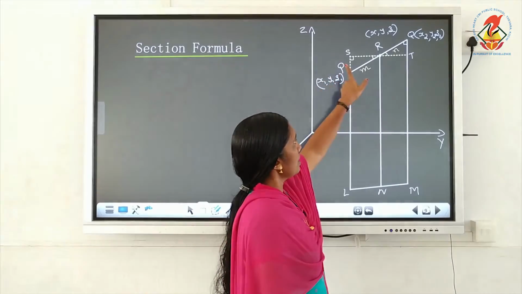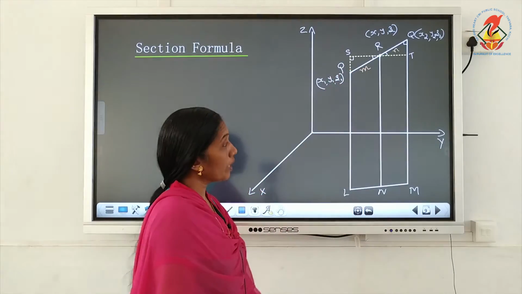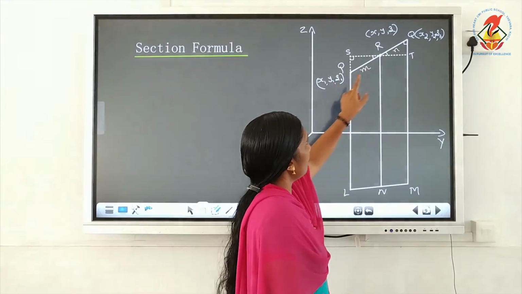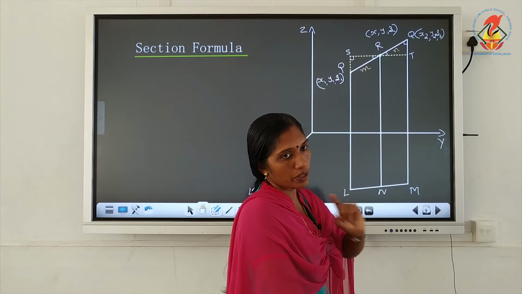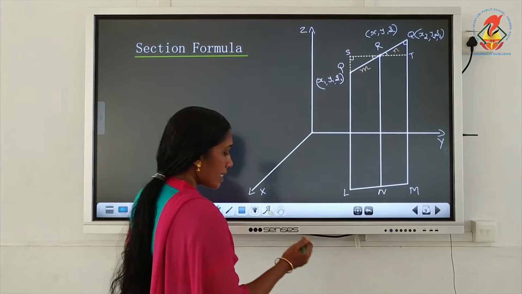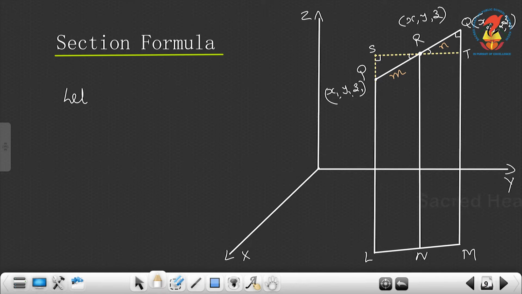So the given points are P (x1, y1, z1) and Q (x2, y2, z2). Let R divide the line segment PQ in the ratio m is to n.